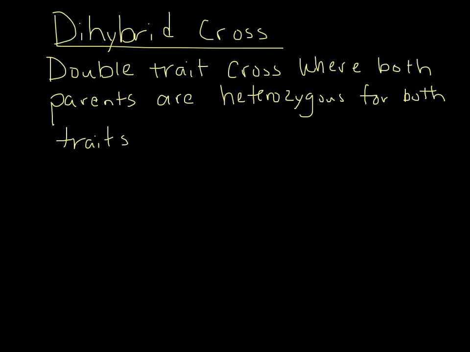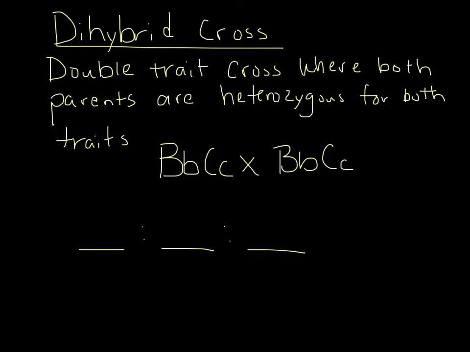Okay? All right, so for our example, that would be parent 1 would have been big B, little b, big C, little c, crossed with parent 2, which would have been big B, little b, big C, little c. Heterozygous for both traits. All right, just to save time, I'm going to give you a little bit of a hint. The phenotypic ratio for every double trait cross, for every dihybrid cross, is always a 9 to 3 to 3 to 1 ratio.